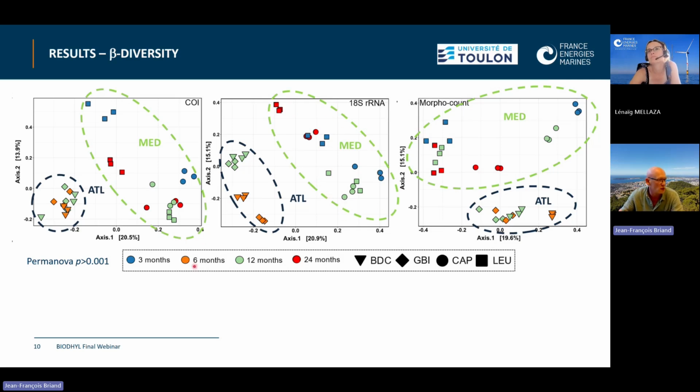But if you look at the other point, which will be, of course, the length of immersion, so the time the sample will be in water, there are very different patterns, and there is not something very clear, perhaps except for this one, which is quite a clear difference between the 6 and 12 months.